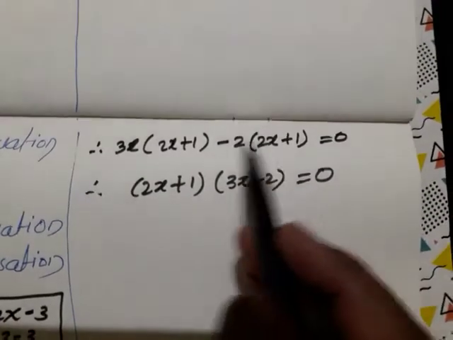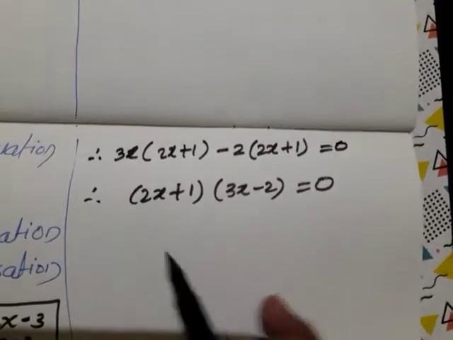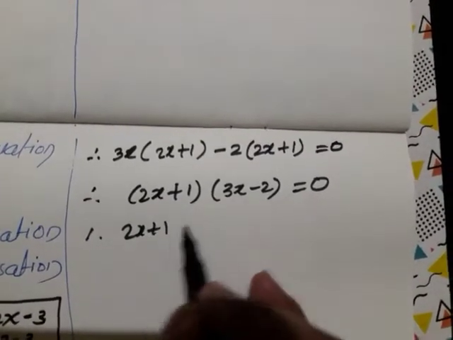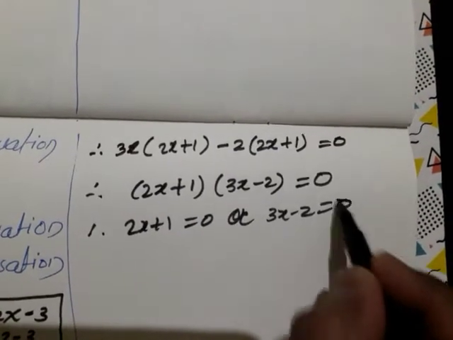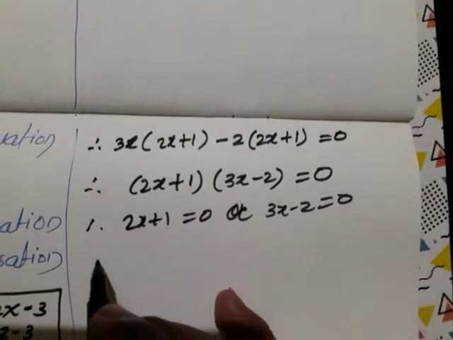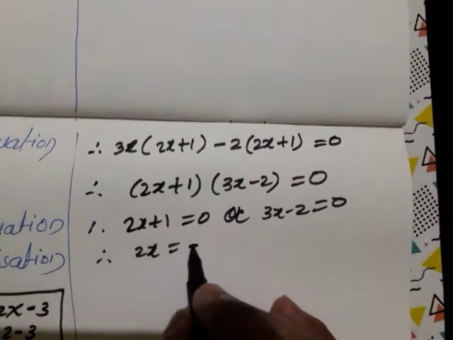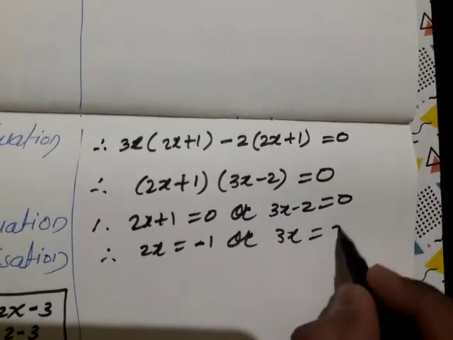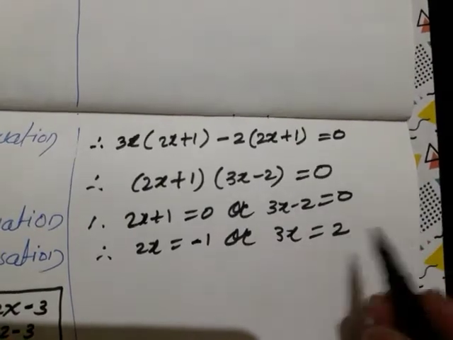Got idea? 2x plus 1 is the common factor and here 3x minus 2 we have written in the other bracket. Okay, we have to find out 2x plus 1 is equal to 0 or 3x minus 2 is equal to 0. We have to find out x, that's why we will transfer this. 2x is equal to, it is plus, it will convert into minus, or 3x, it will convert into plus. 3x as it is, minus 2 we have converted into plus.